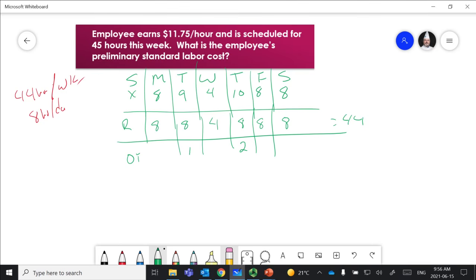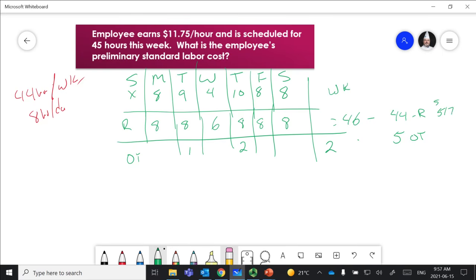What happens if this was, say, a 6-hour day? And we ended up with 46 hours in the week. That means we have 2 more hours of overtime for the week. So this would go down to 44 hours, and then we would have 2 plus 2 plus 1, we'd have 5 hours of overtime. So 44 times 11.75 would give us still our $517, right?